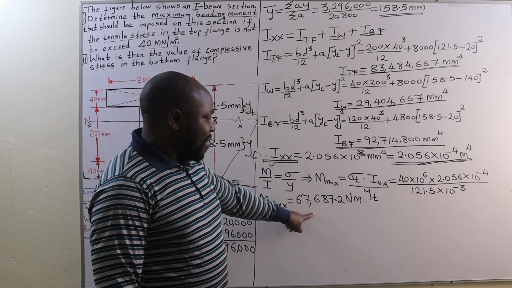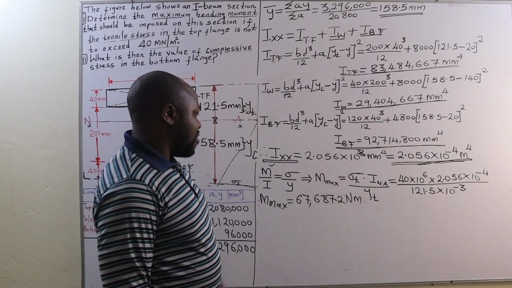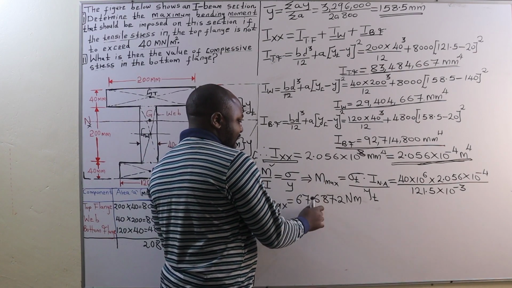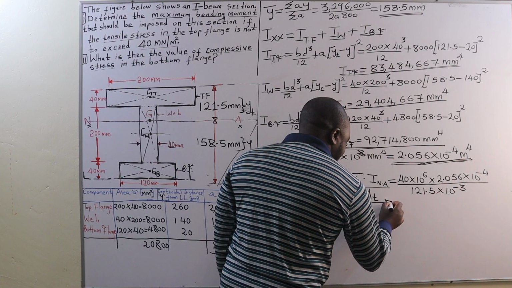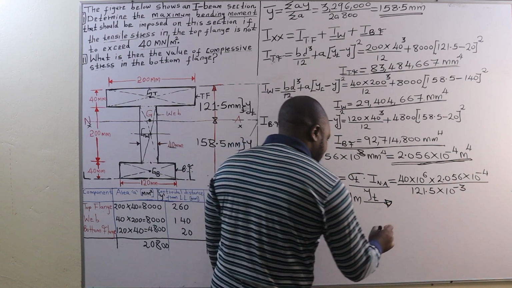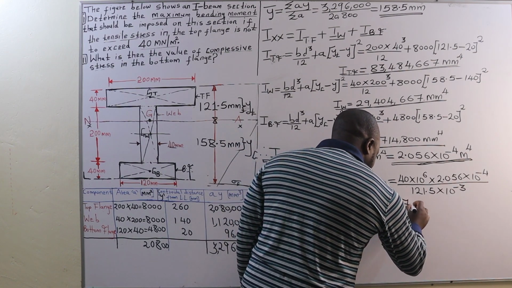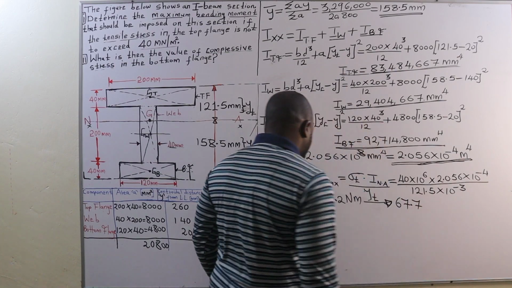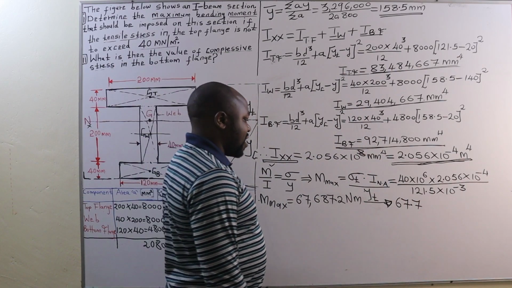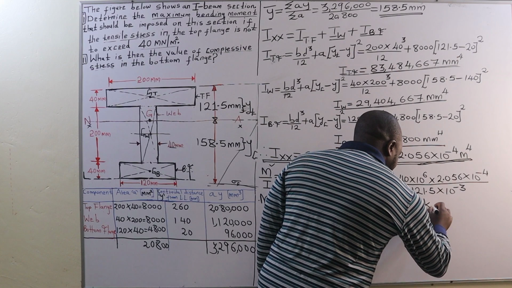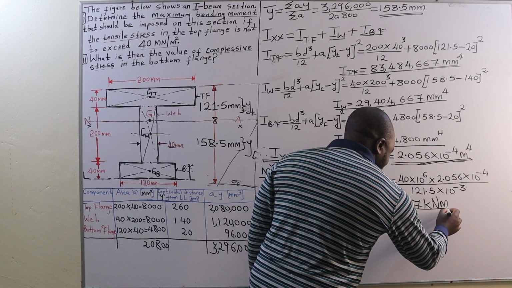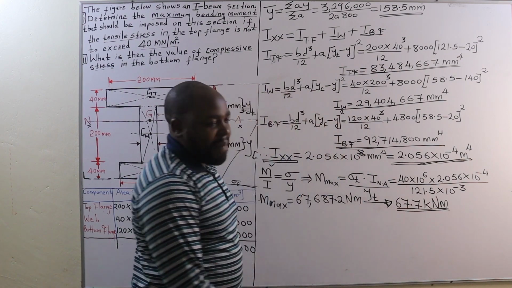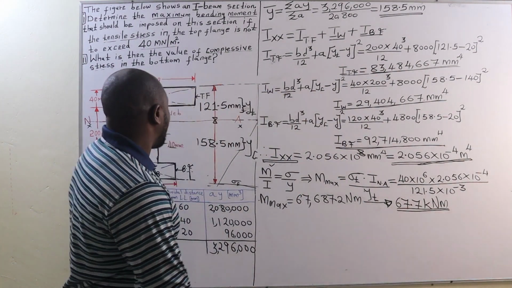Now, when we convert this to kilonewton meters, we divide by 1,000, and that is going to give us a maximum bending moment of 67.7, that is to 1 decimal point, kilonewton meters. Therefore, that is the value of the maximum bending moment.